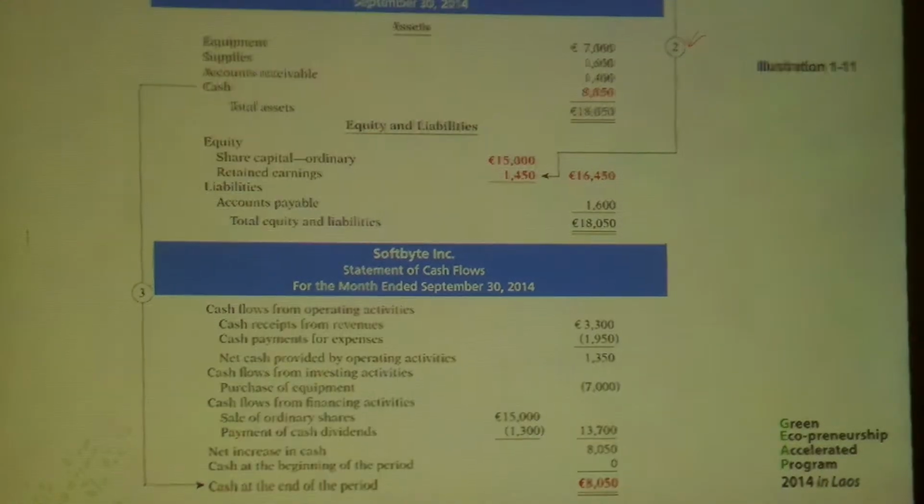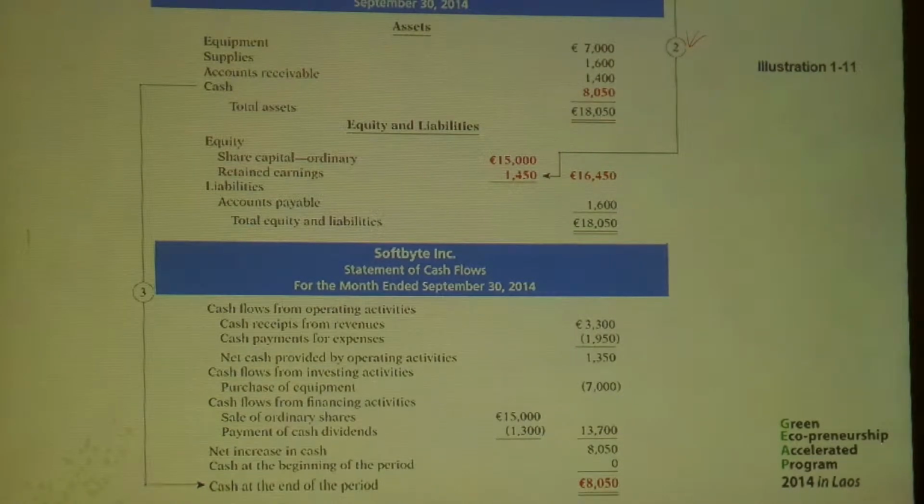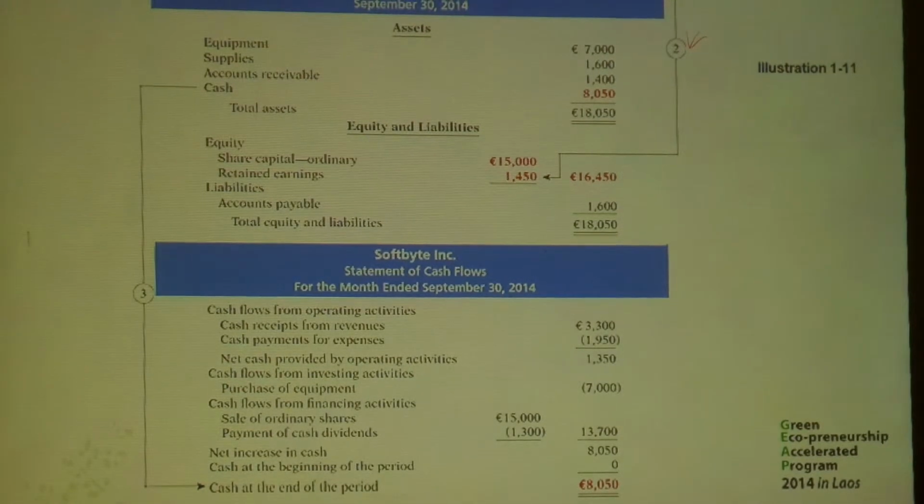Because when you prepare a business plan, these four statements, the income statement, retained earnings statement, financial position, which is a balance sheet, and the cash flow statement must be included in the business plan.